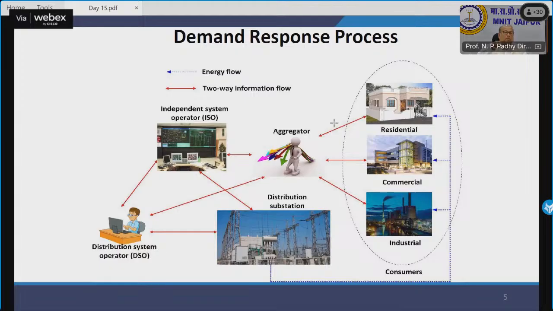All the residential people and commercial people participate in an event. I think you'll be very happy to know that there was a time in the United States when heating became a very, very common requirement in Western countries, and that itself is a big load. Everyone needs heating.